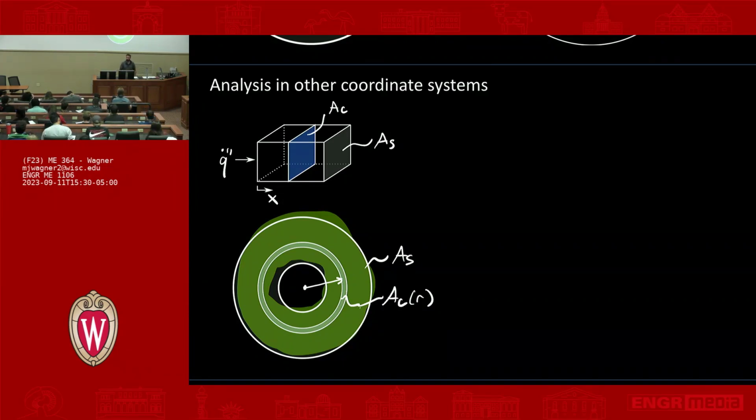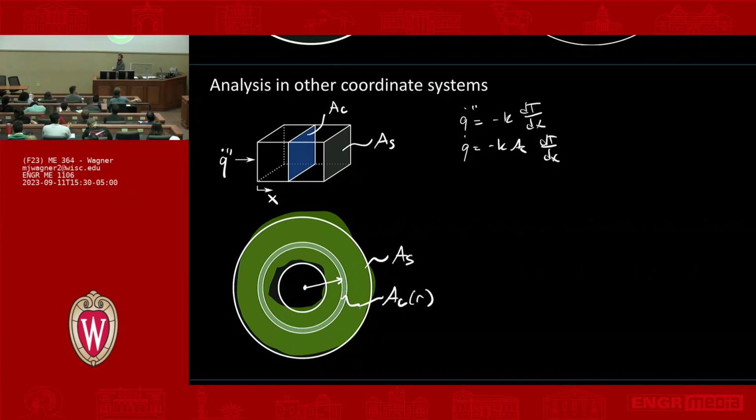Yeah, so this is a good question. Go back to Fourier's law. If we say q dot is equal to minus k dT/dx, as we go through this, we're going to see that in many cases, at least for the simplest setup, q dot, the total heat transfer, is constant. So if that's true, and the area is changing, you could write this as q dot equals minus k A_C dT/dx. If A_C is a function of x, and q dot is constant, then the only thing left to change is the temperature gradient.